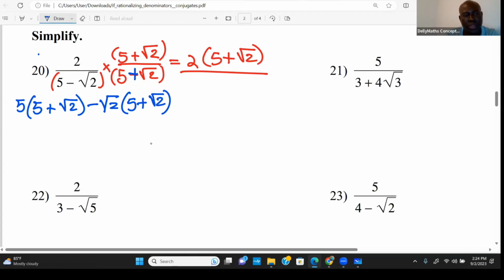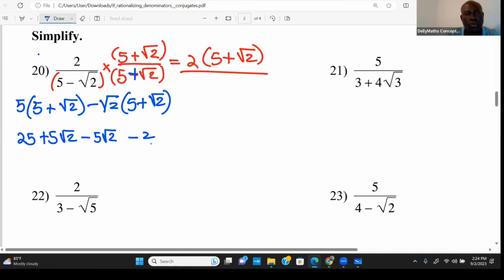Let's carry this out. 5 times 5, this is 25. Then we'll get plus 5 root 2. Then we'll get minus 5 root 2, or root 2 times 5, same thing. And then the root of 2 times the root of 2 is 2, but this is a negative, so we'll get negative 2.